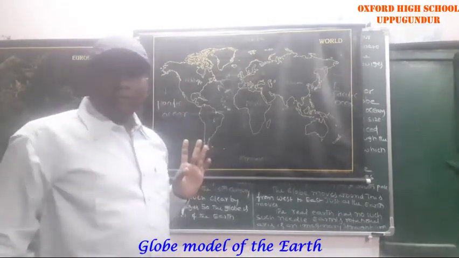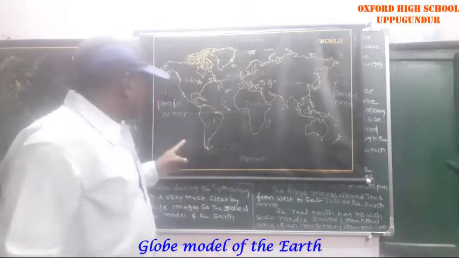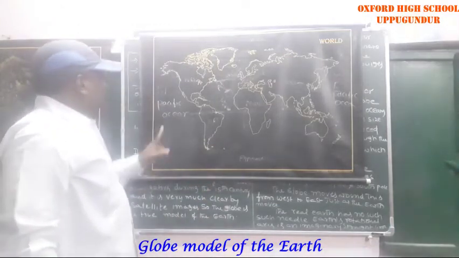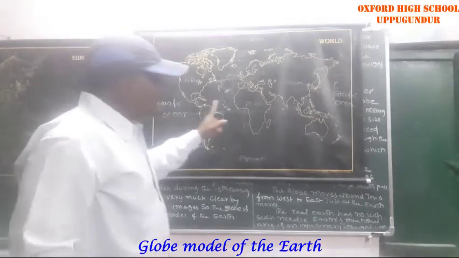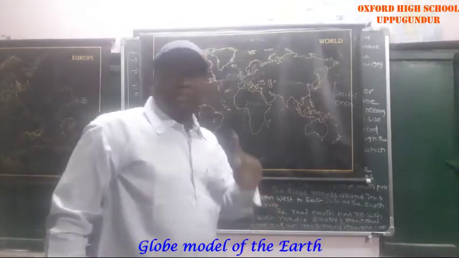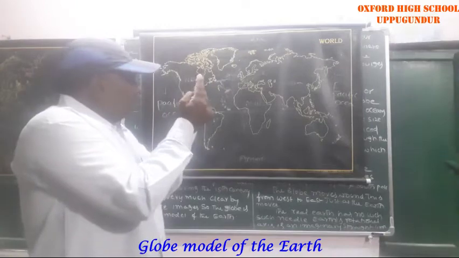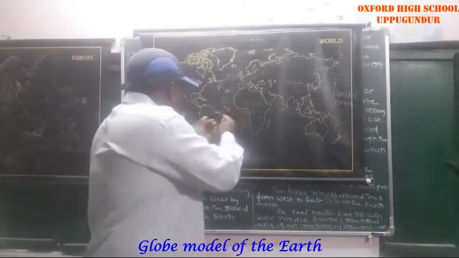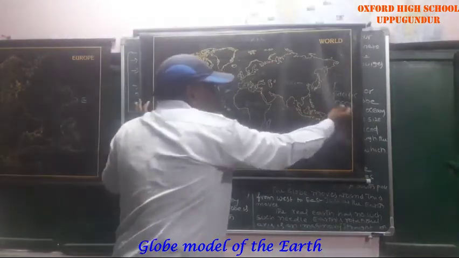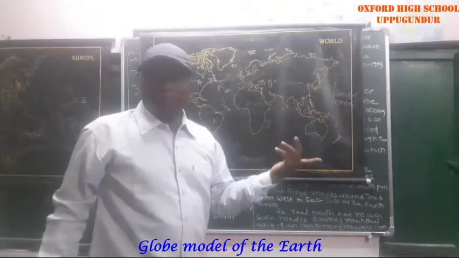That is the reason the Pacific Ocean is flowing on the west side and the east side. If you fold this map, then automatically the Pacific Ocean is flowing.